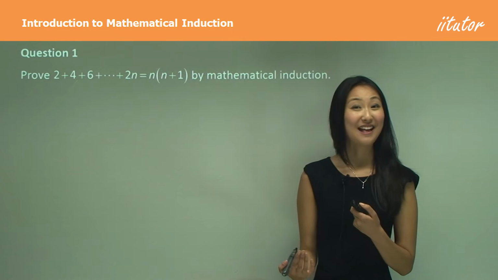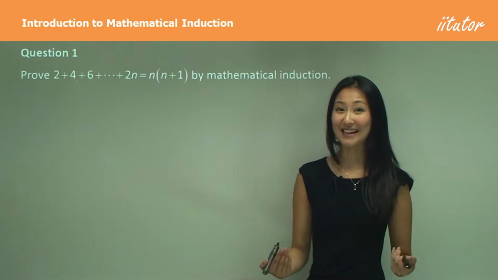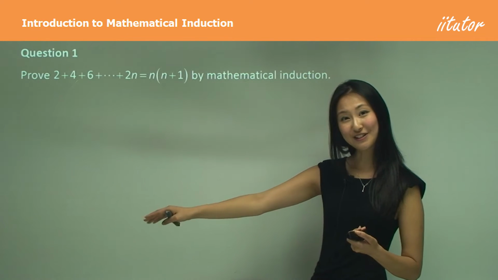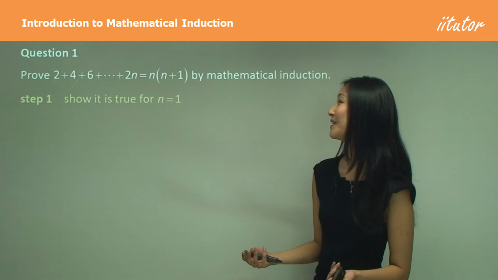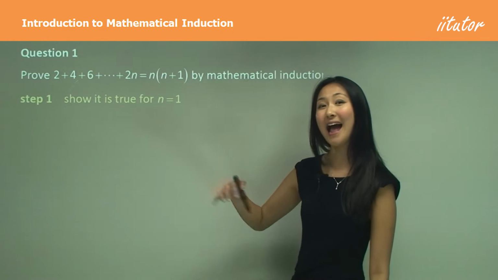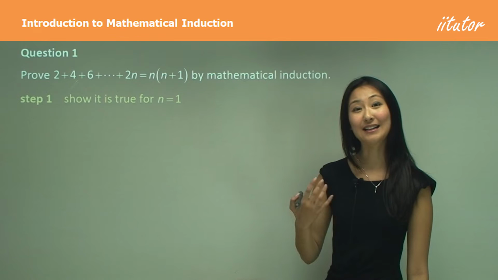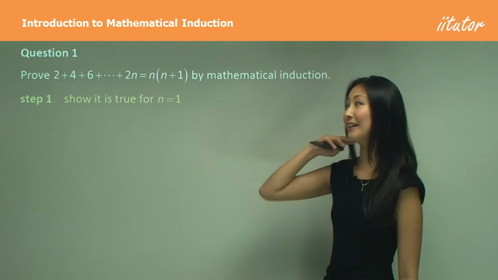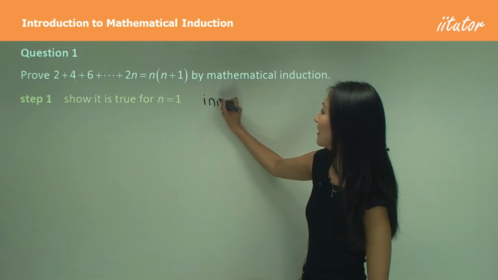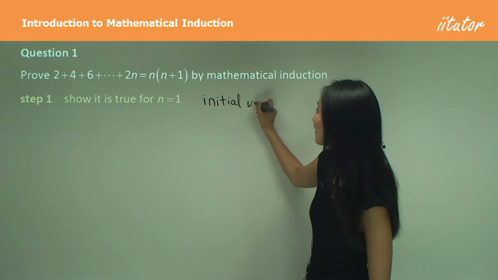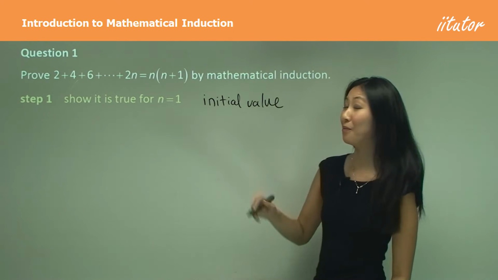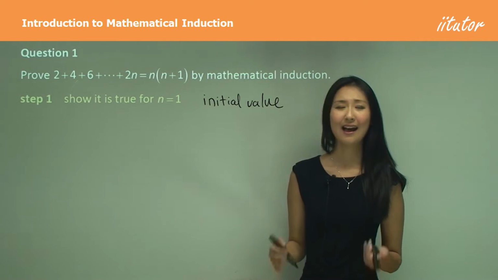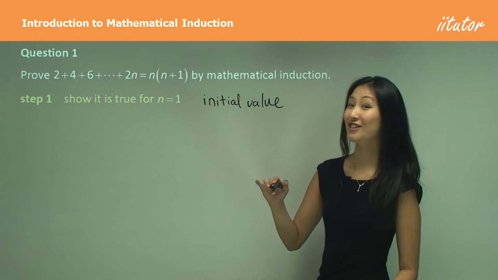Now remember, to start off with proving, what do we need? We always need that first push, or the ignition process, which is step 1. And in step 1, we show that it's true for the initial value of n. Now we have to work out, what is that initial value going to be? And how do we do that? Well, I'll teach you that now.